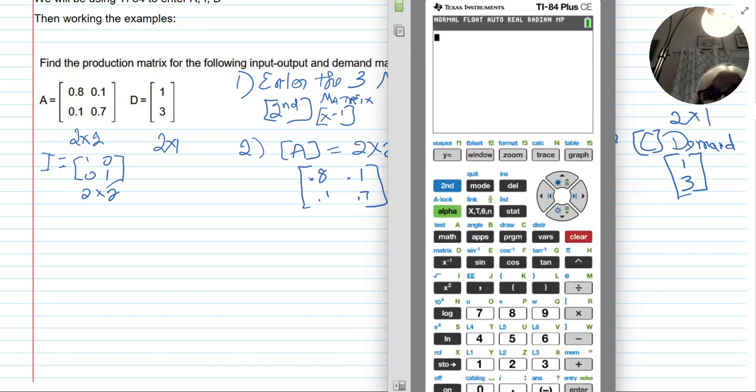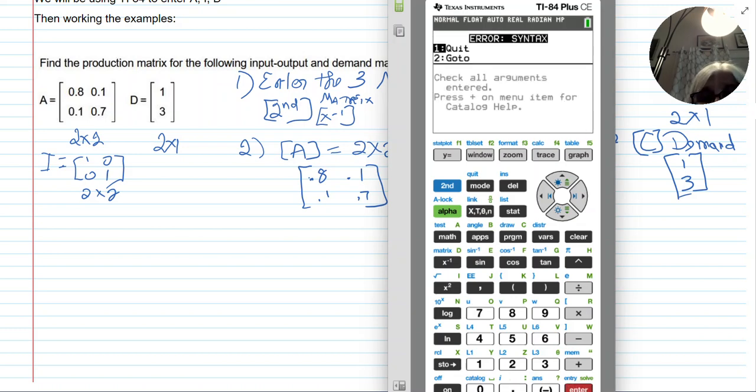So I'm going to clear my home screen. I'm going to go second matrix. I'm going to move over to edit, do my A by hitting enter. I'm going to enter a 2x2. And I'm going to put the values that we had, which was decimal 8, enter, decimal 1, enter, decimal 1, enter, and decimal 7.